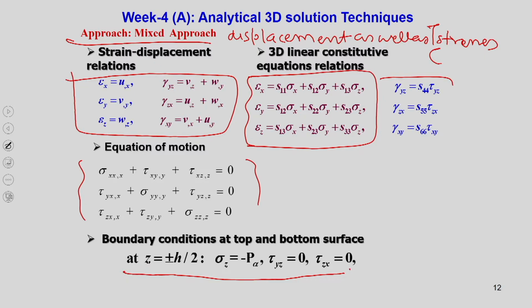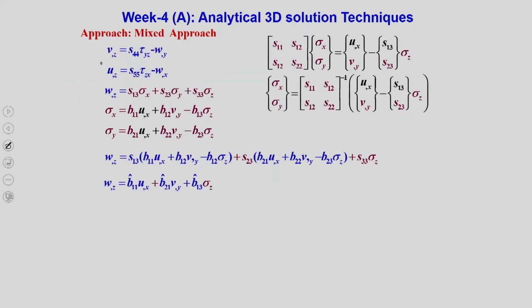So you first see here gamma zx, gamma yz, substitute it here, and from here v comma z and u comma z can be obtained like this. So you see this is a first order differential equation in z.